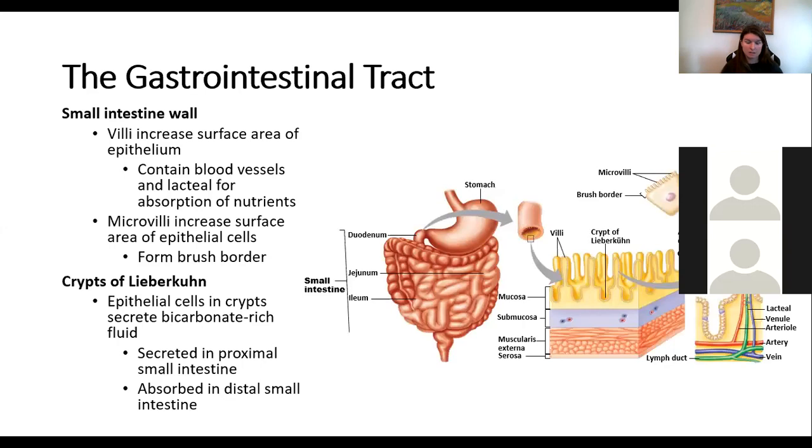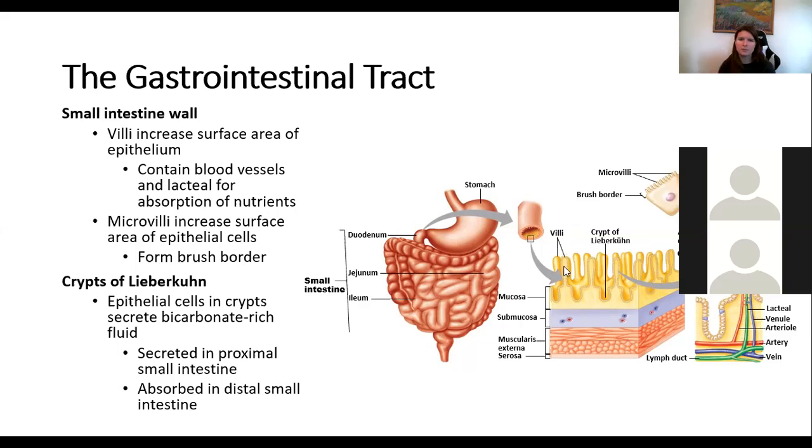Okay. So the small intestine wall is specialized to increase that surface area where we can absorb stuff. If you're looking at the small intestine and the epithelium lining it, we're going to see that in the mucosa, the innermost layer of your GI tract, the mucosa of the small intestine has basically pits and prongs, super squiggly.